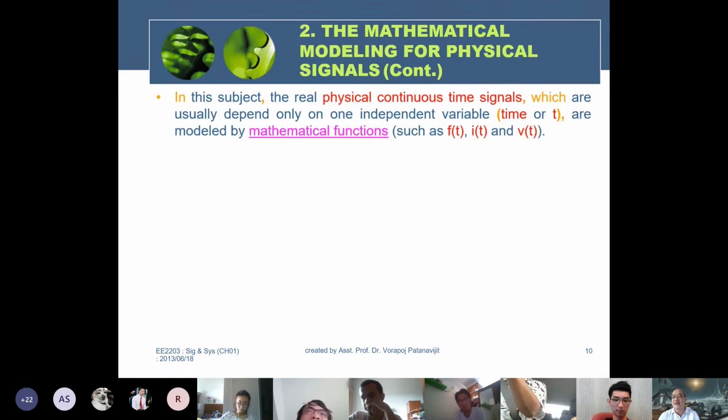In this subject, real physical continuous time signals, which usually depend only on one independent variable, time or t, are modeled by mathematical functions such as f(t), i(t), and v(t). In fact, real physical quantities may depend on other parameters such as position, such as the temperature in your room.